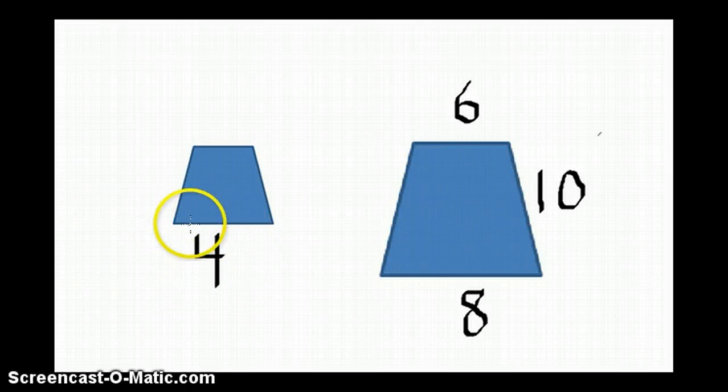We know that the bottom, 4 corresponds with 8. So if we were trying to find the side, we can do 8 over 10 equals 4 over x.